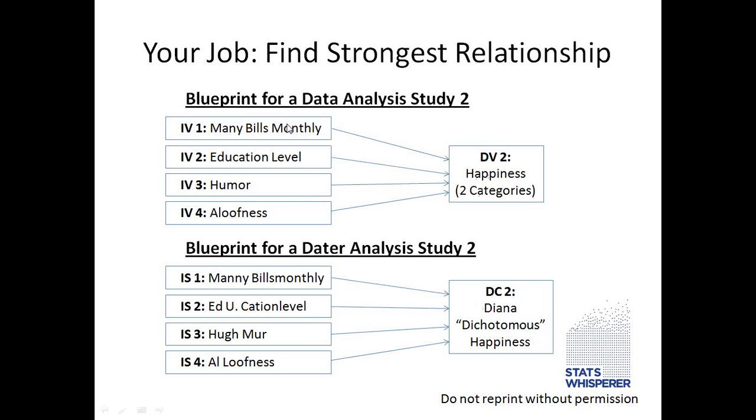So what's the relationship between having many bills monthly, and how does that impact dependent variable 1, your continuous level of happiness? How does your education level impact your continuous level of happiness? The same with humor and aloofness. What's the relationship between aloofness and your continuous level of happiness? And when I say relationship, remember we have to define these as in, is it significant first, right?